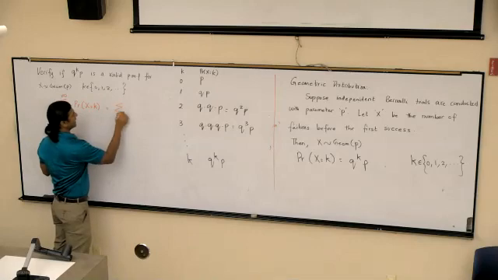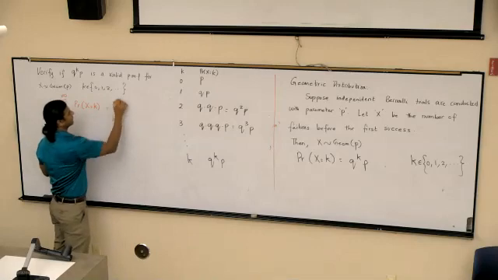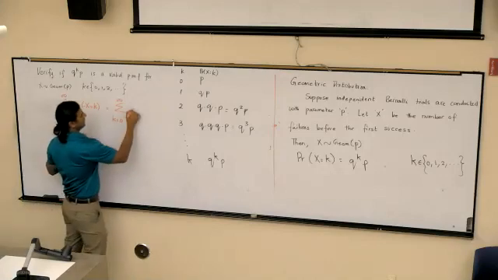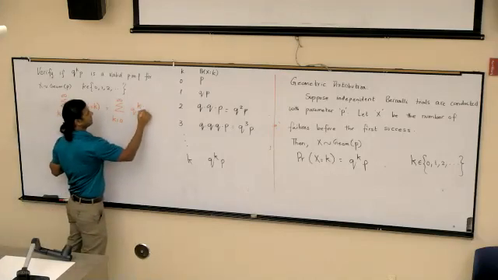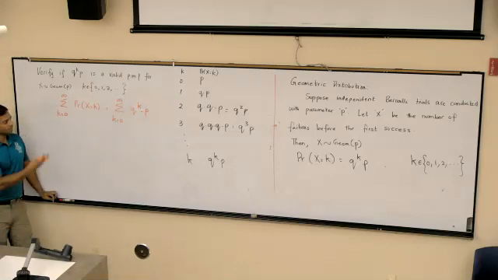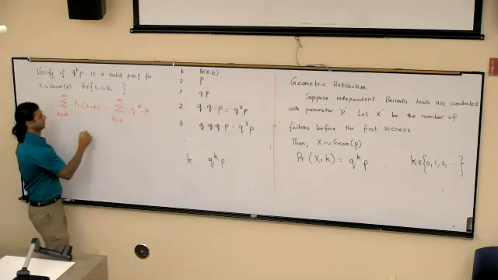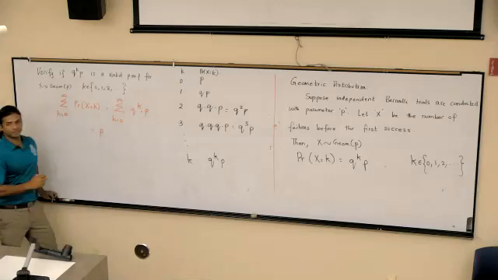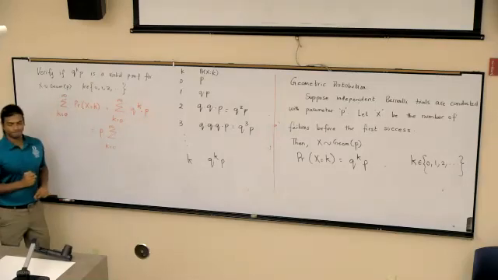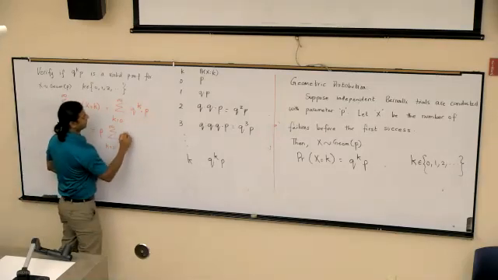So sum K equals 0 to infinity, Q raised to K multiplied by P. P is a constant, can come out of the sum. K equals 0 to infinity, Q raised to K.